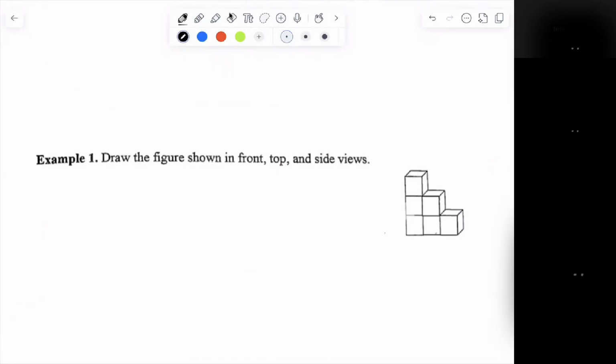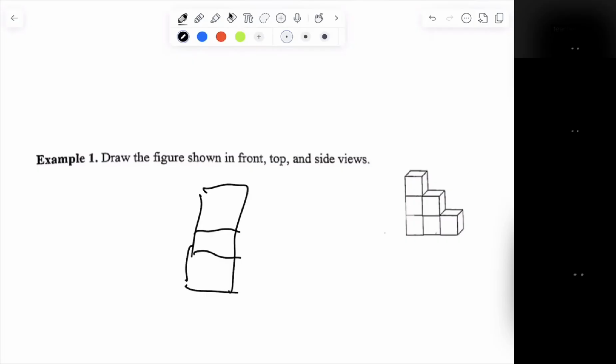Draw the figure shown in front, top, and side views. Notice from here that if we look up as a bird and we look down right on the ground and saw the shape, what would it look like? Well, the top would look like this. Alright, what about the bottom?